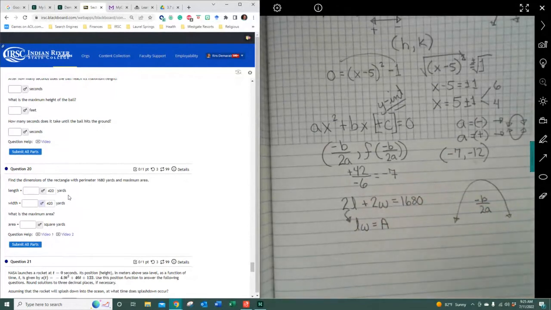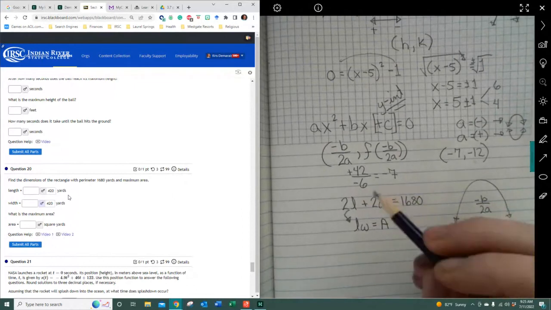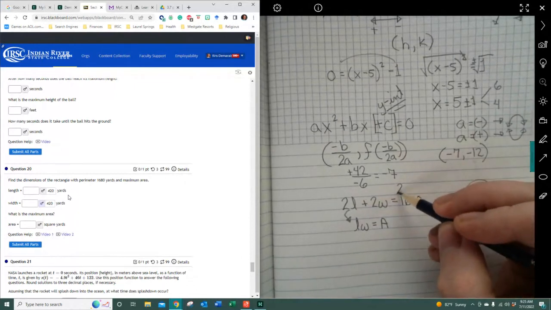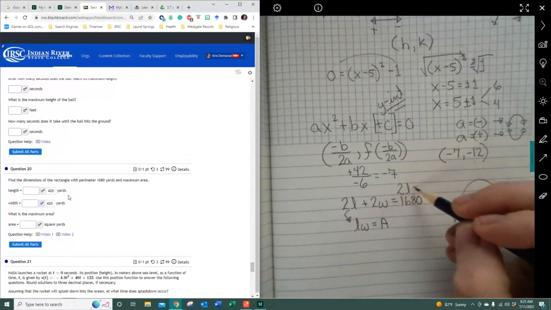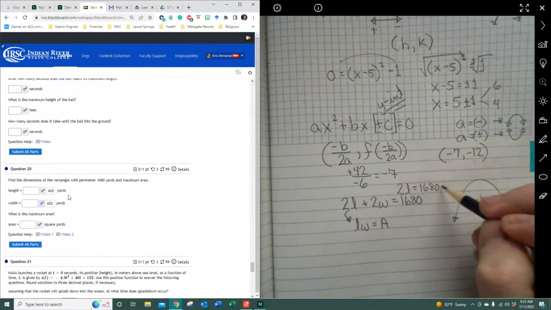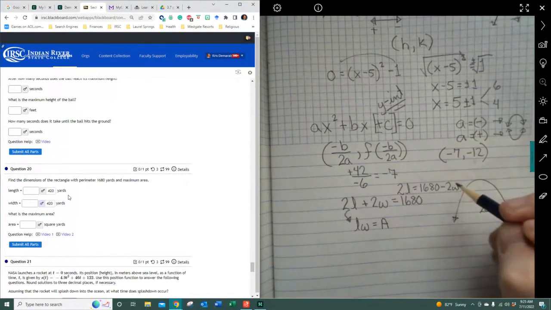And then it turns into a quadratic because you're multiplying. So watch. If we go ahead and do this, we get 1680 minus 2w.